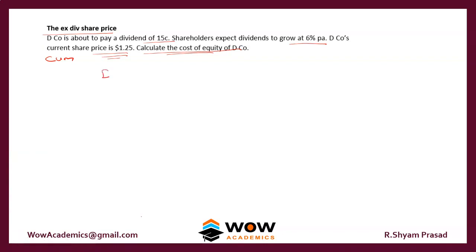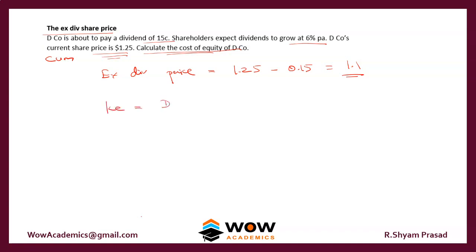First we will find out the X dividend price. So X dividend price equals the cum price, which is 1.25, minus the 15 cents. So the answer would be 1.1. Okay, so we'll now do the formula. So the KE formula we'll do.